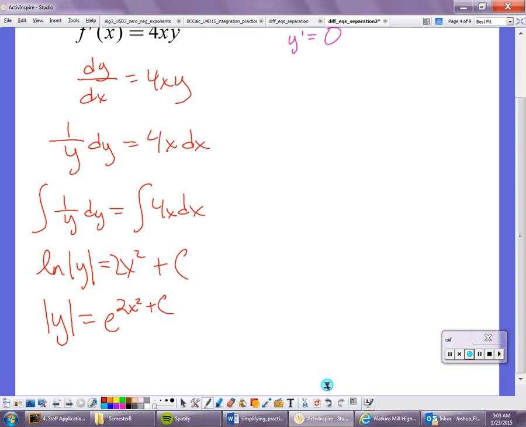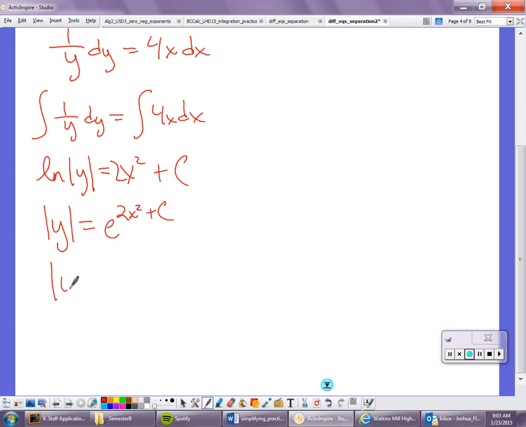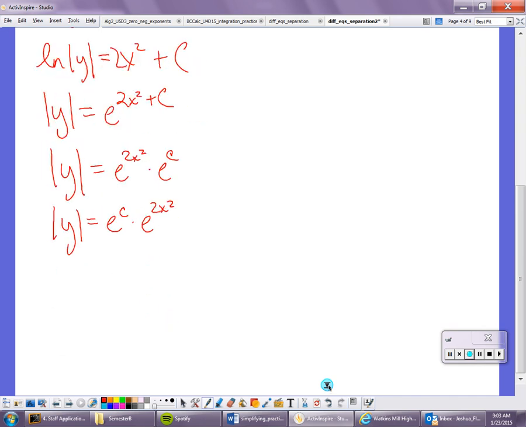Now remember, that just means e to the 2x squared times e to the c, or I'll probably write it in this order, e to the c times e to the 2x squared. All right.